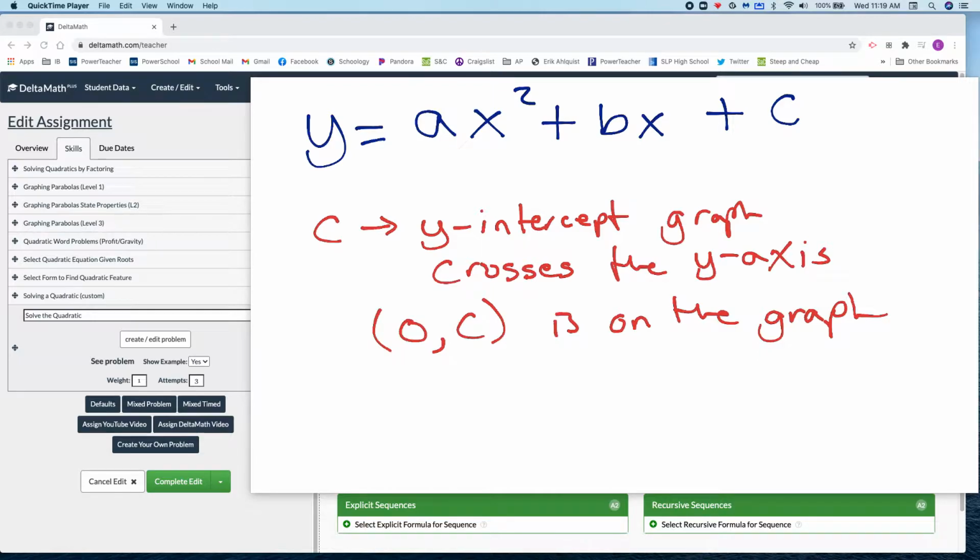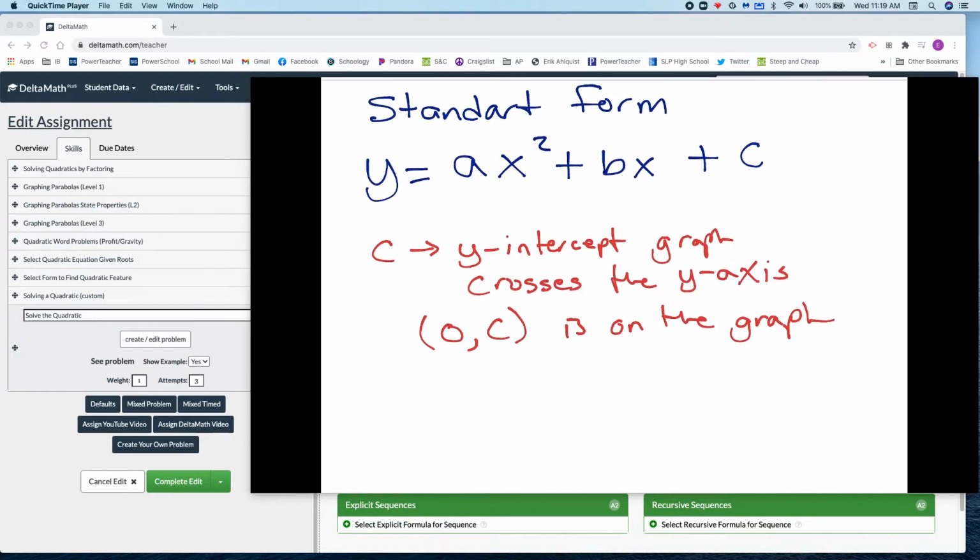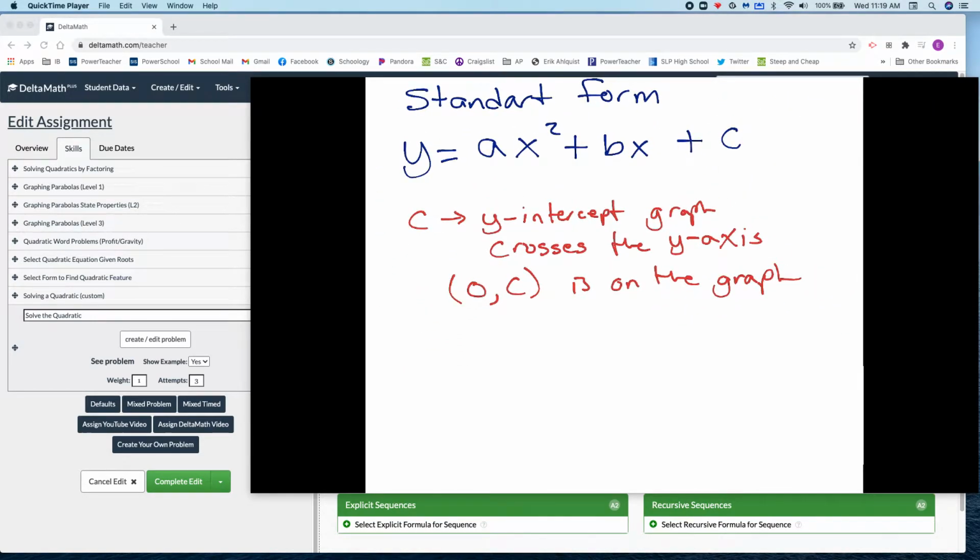A couple other things that you get from standard form. You get the vertex, and remember that is the tip of the graph. Okay, so the vertex is the tip of the graph.